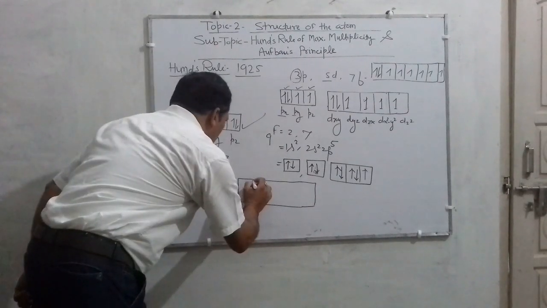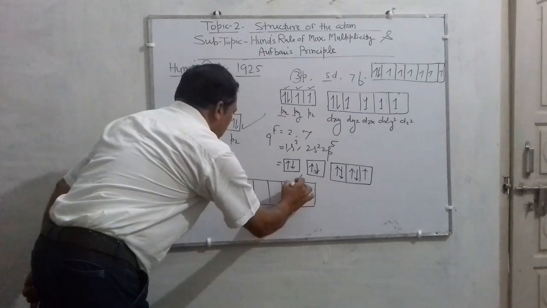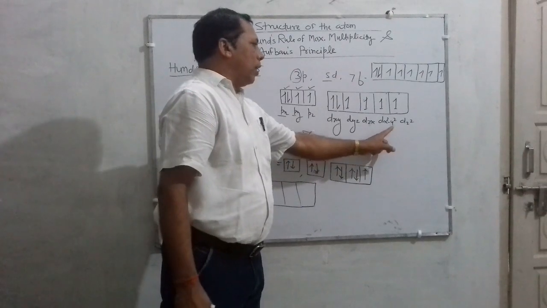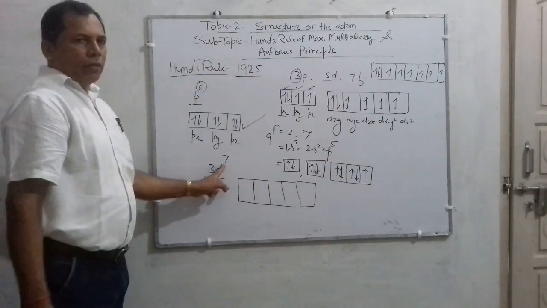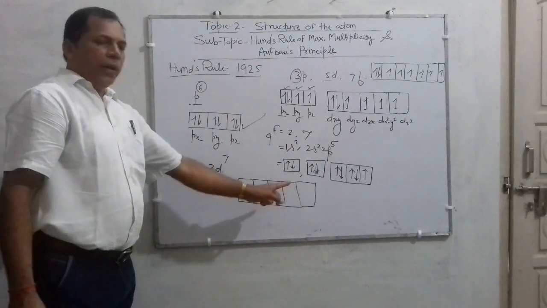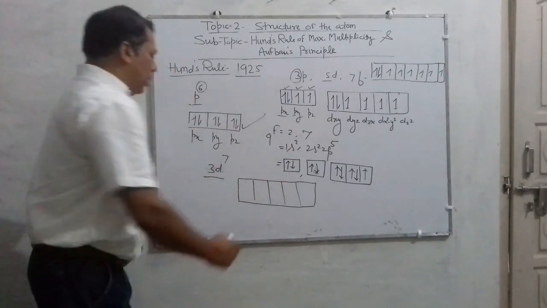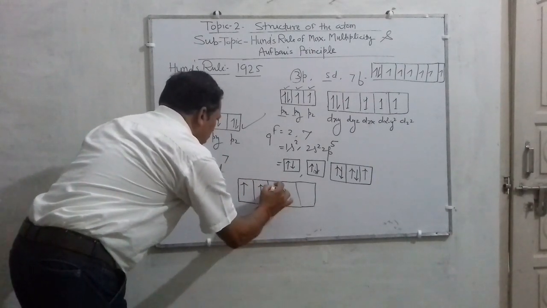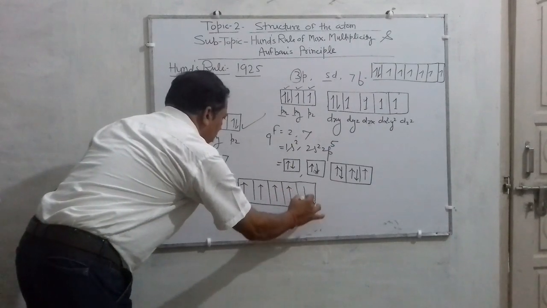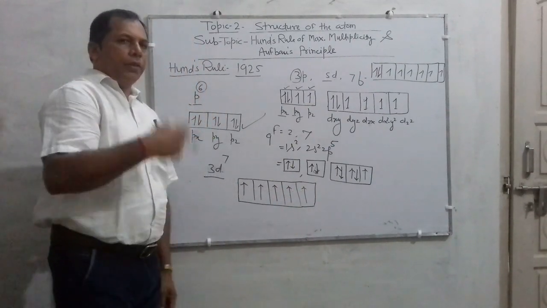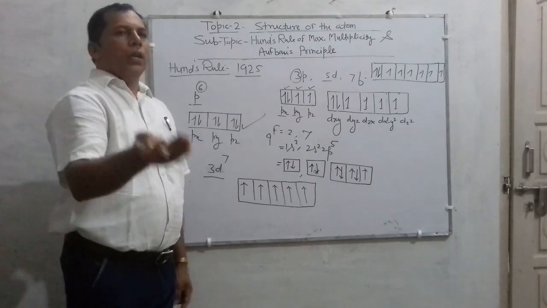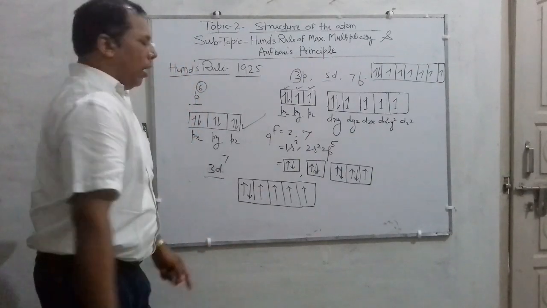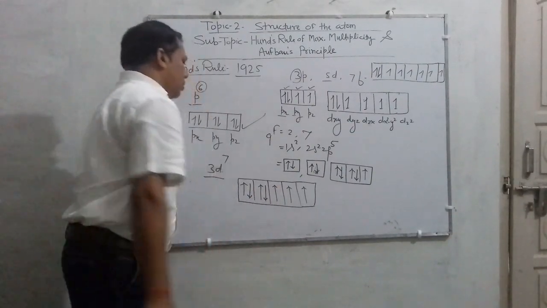So these are of 5 kinds, namely dxy, dyz, dzx, dx square minus y square and dz square. So there are 7 electrons, children. So first the orbitals will fill up one by one. So fill the electrons: this is the first electron, second, third, fourth and fifth electron. And the rest which will come will go in opposite spin, and that is the 6th electron as such and the 7th as such.